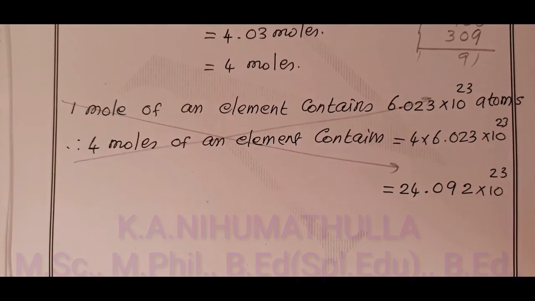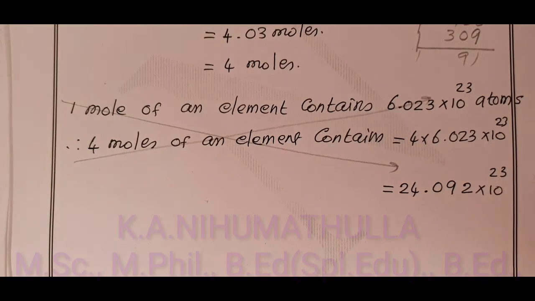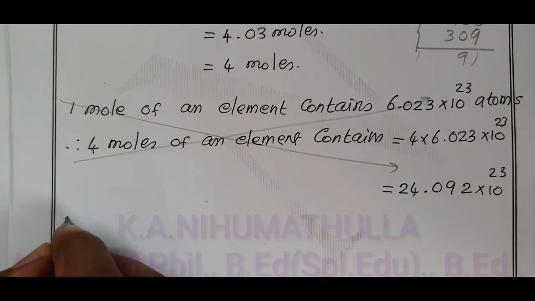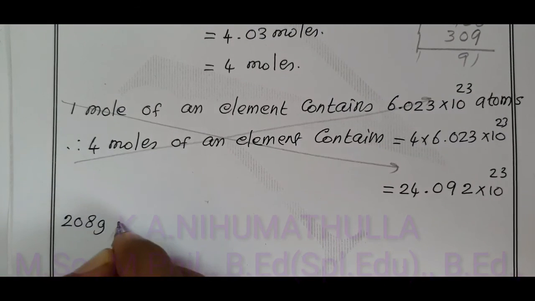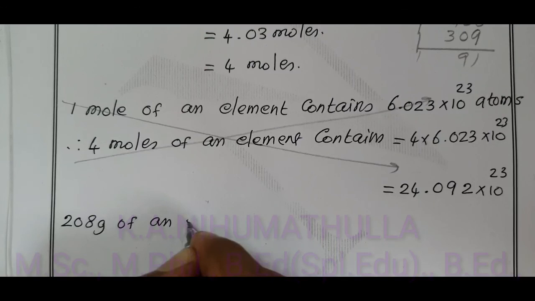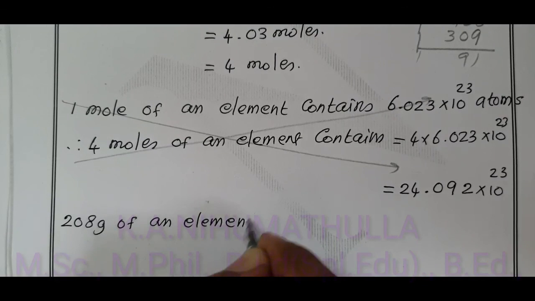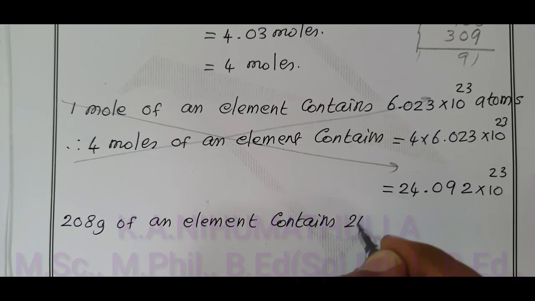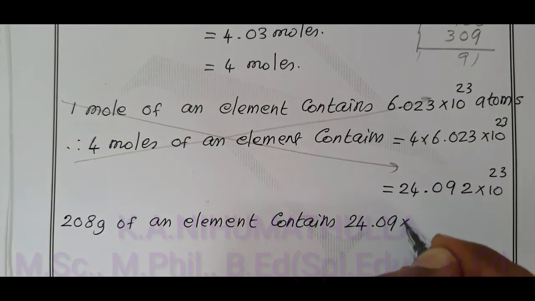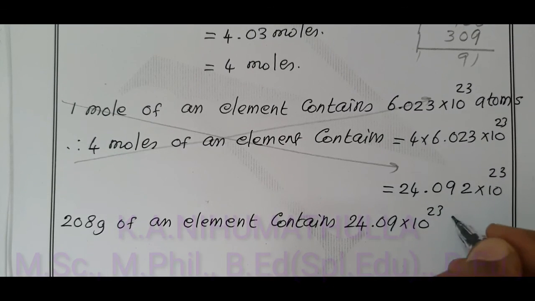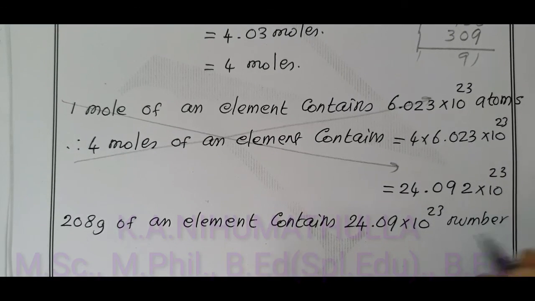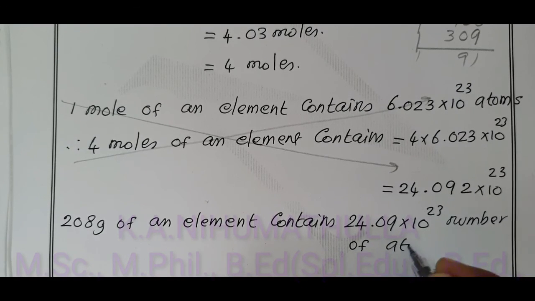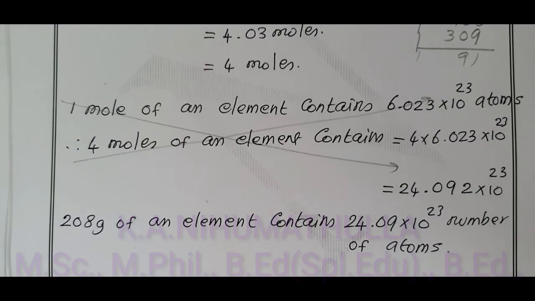In our question, it is given as how many gram of element? 208 gram of an element contains 24.09 into 10 power 23 number of atoms. So this is the easy way of calculating the number of atoms present in the given gram of the element.